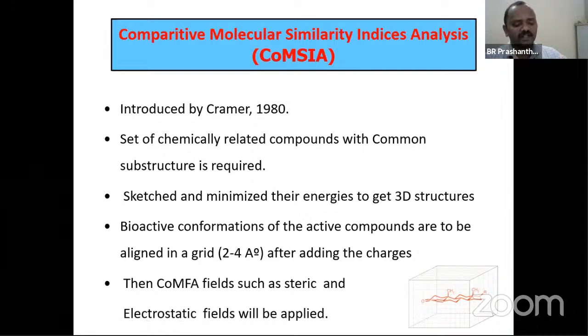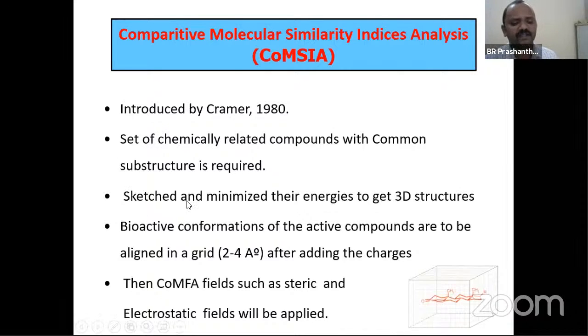The training set should have a diversity of structures, and variation in biological activity should also be there. That means low activity, medium activity, and higher activity; that kind of diversity should be there. Next, all these molecules, the training set and test set molecules, we sketch in a database.